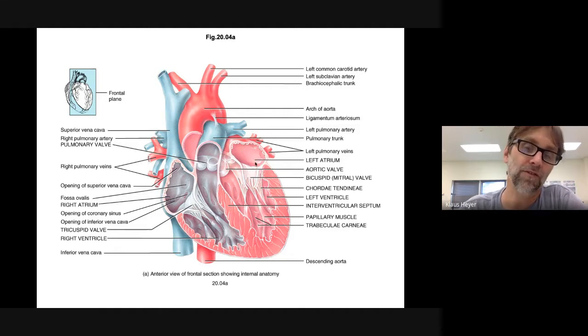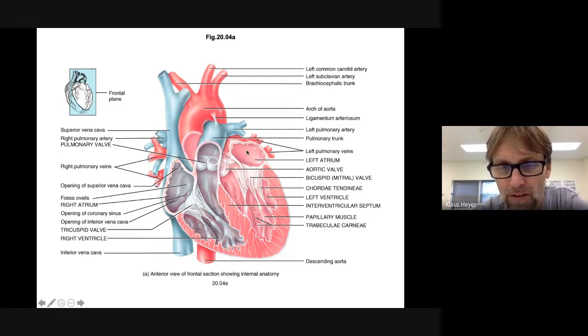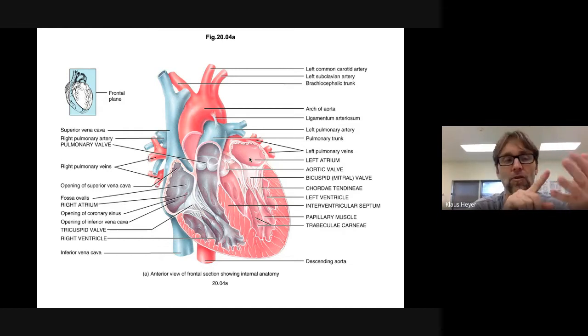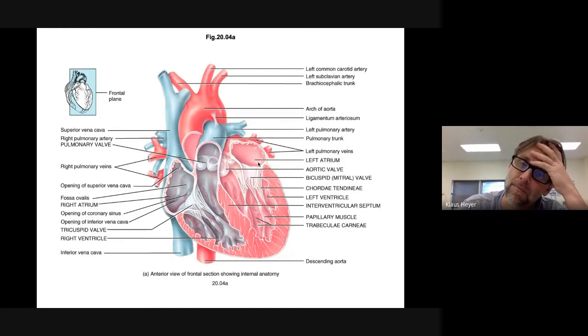So I'm going to ask you a question about where the blood's coming from. Over here on this left side, where's this blood coming from? You have two choices. It could be coming from the lungs, or it could be coming from all your cells in your body. So we're on the left side here. Where did it come from?